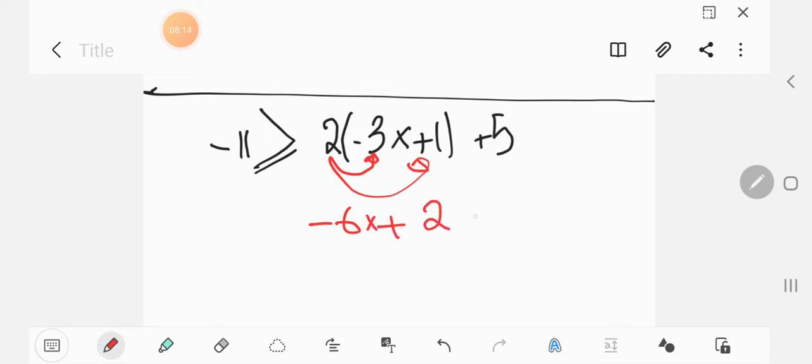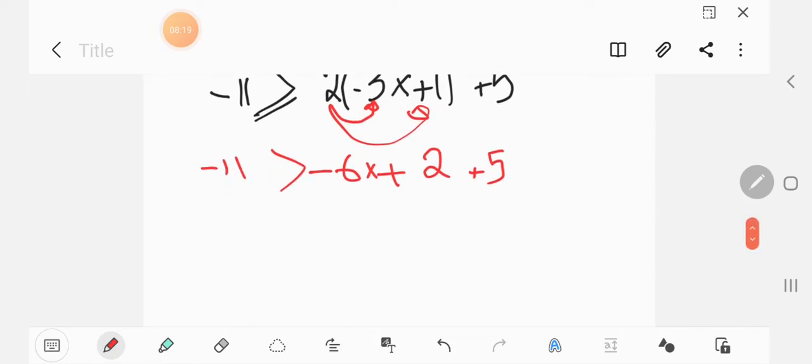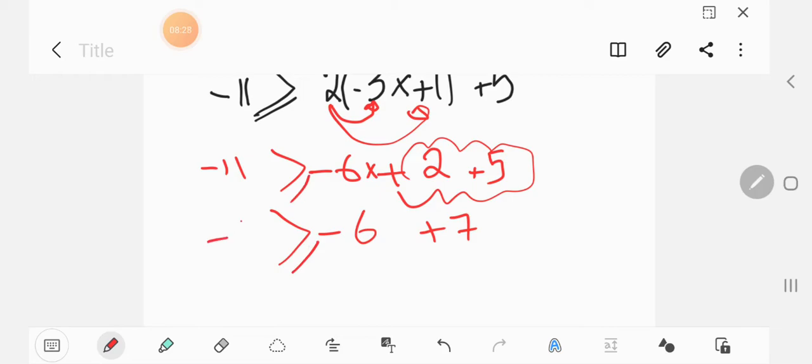Negative 6x plus 5, and here we have negative 11. Again, first we are going to add 2 plus 5: negative 6x plus 7 greater than or equal to negative 11.